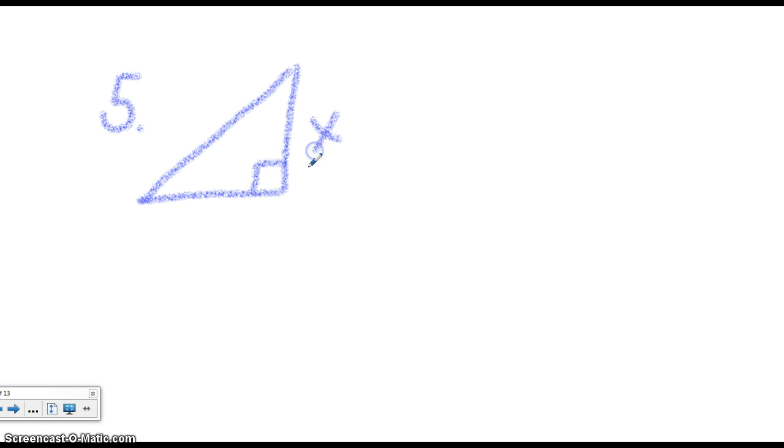So x is over here. The hypotenuse is 10. When I realize that I have the hypotenuse, I know that I'm going to be using either the sine trig function or cosine. Tangent never uses the hypotenuse. And when I'm given the hypotenuse, again, that eliminates tangent.